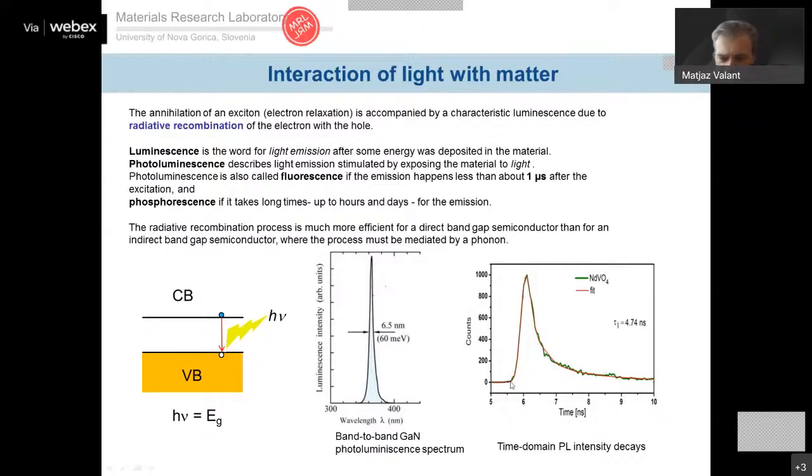So you see they start emitting, they reach the peak at 6 nanoseconds after excitation, and then slowly decay down again. So from such measurements, we basically calculate the lifetime of the exciton. The lifetime of the exciton is really the time in which half of them decay.